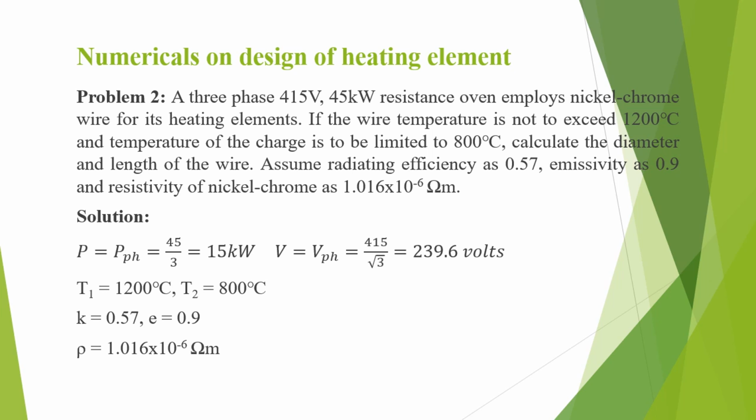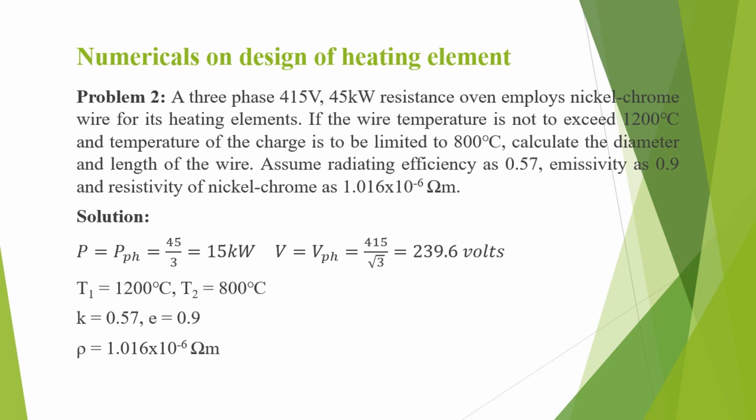So the given data: electrical power P, we have to consider for single phase. So P equal to P phase, that is 45 by 3, that is 15 kilowatt. Similarly, supply voltage V is V phase, that is 415 by root 3, that is 239.6 volts.